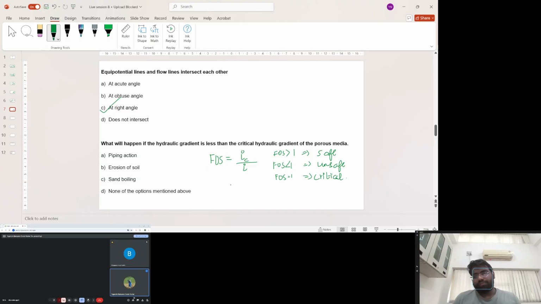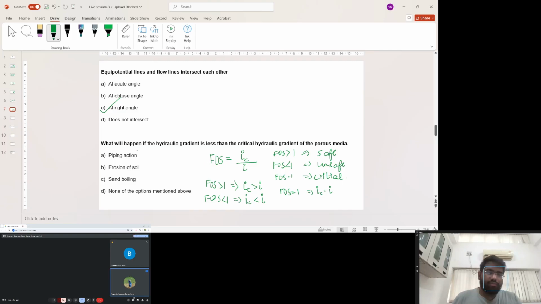Alright. Now for FOS greater than 1, IC should be greater than I. For FOS less than 1, IC should be less than I. And for FOS equal to 1, IC is equal to I. Right?